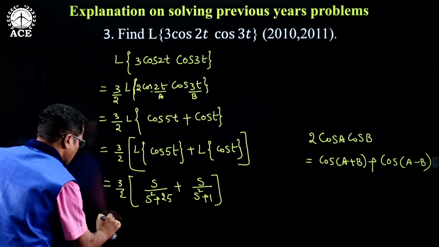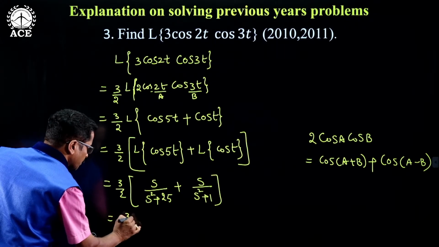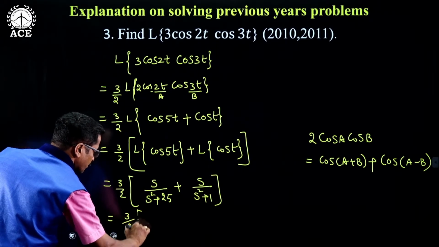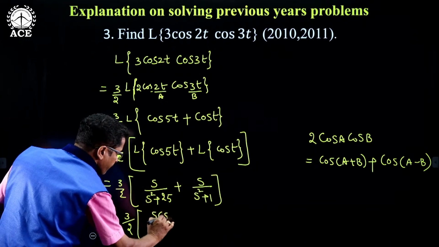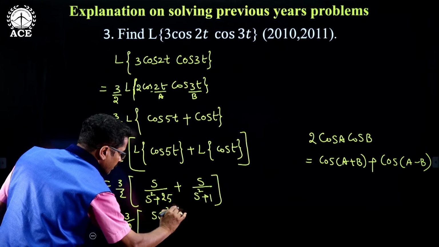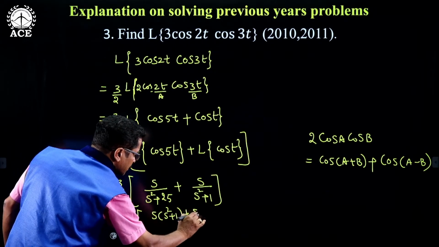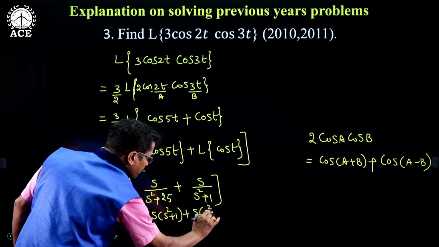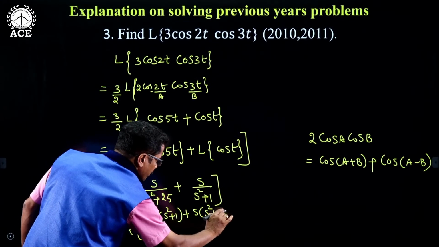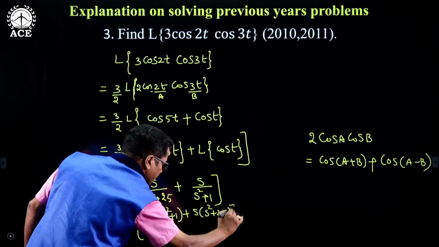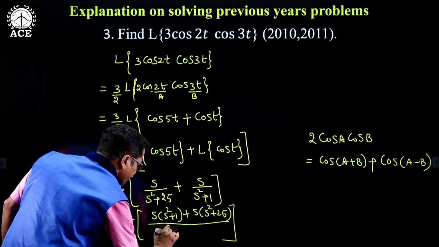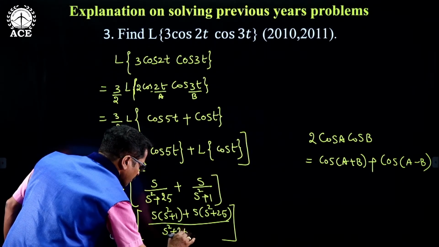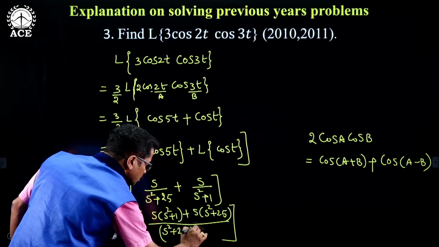Okay, so which is equals to 3 by 2 into s into s square plus 1 plus s into s square plus 25 whole divided by s square plus 25 into s square plus 1.